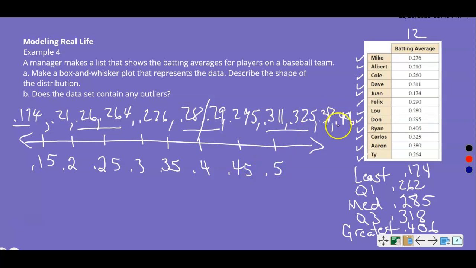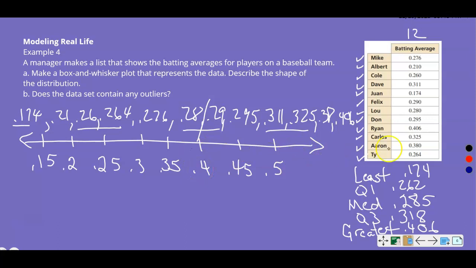Now, do we have numbers that go from below here to greater than here? The greatest number is 0.40. So yes, that's as far as we need to go on the number line. Now, why did I do that? Because these numbers are evenly spread out, even though these are not. When we draw the box and whisker plot, we need to be on an even scale.